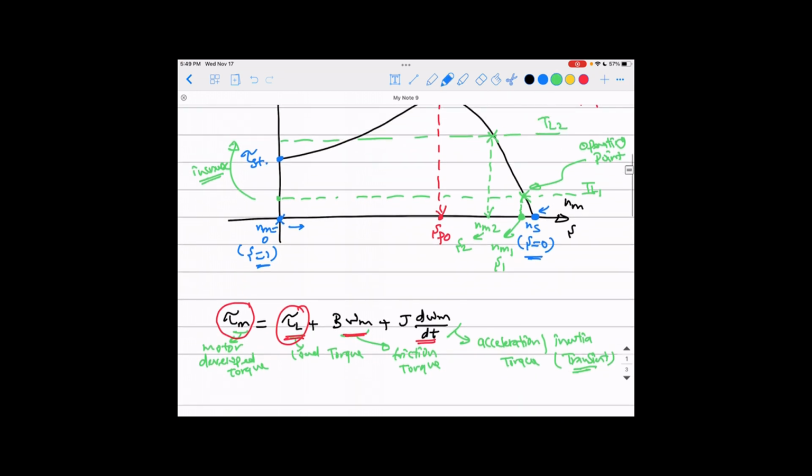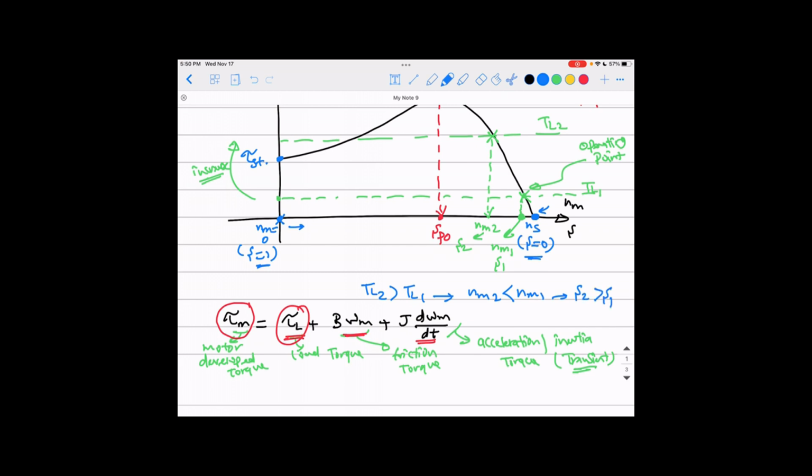You can see from here that if the load torque 2 is higher than load torque 1, that means your load increases. You know from looking here that the mechanical speed 2 will be less than the mechanical speed 1, and that's obvious because the increase in the load is translated into a decrease in the speed, but the slip increases.